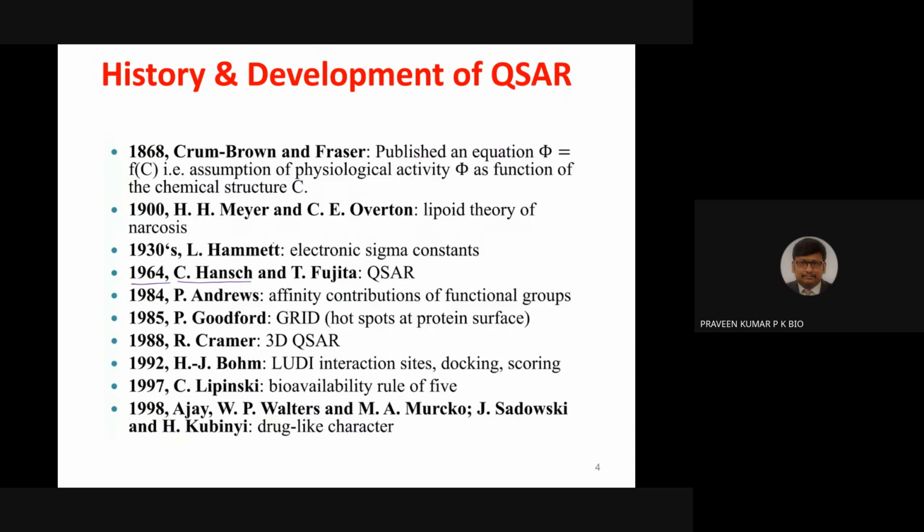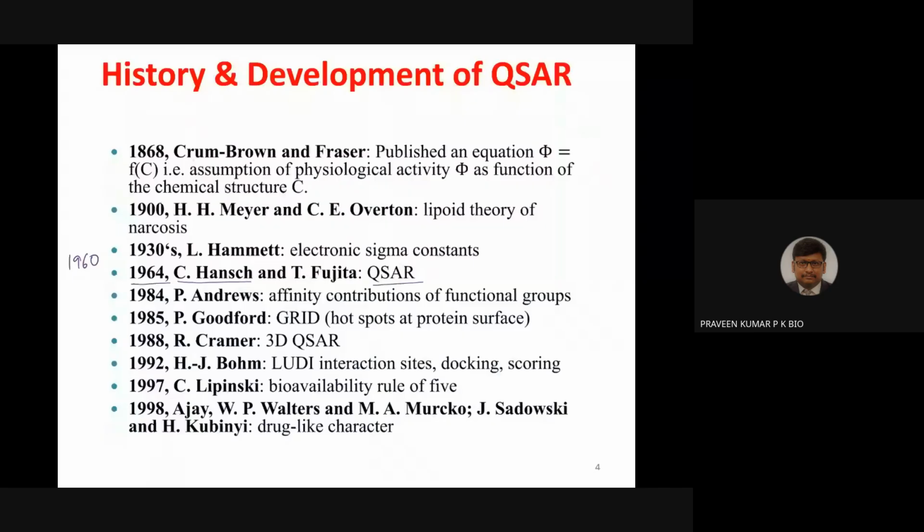You know the origin of Unix, C++, C, etc. comes around the 1960s. In 1959, 1962, we can find the origin of the C languages, etc. So during that time itself, they came up with this kind of QSAR approach. But before that itself, it had already started. Like if you see, Fraser came up with a kind of function.